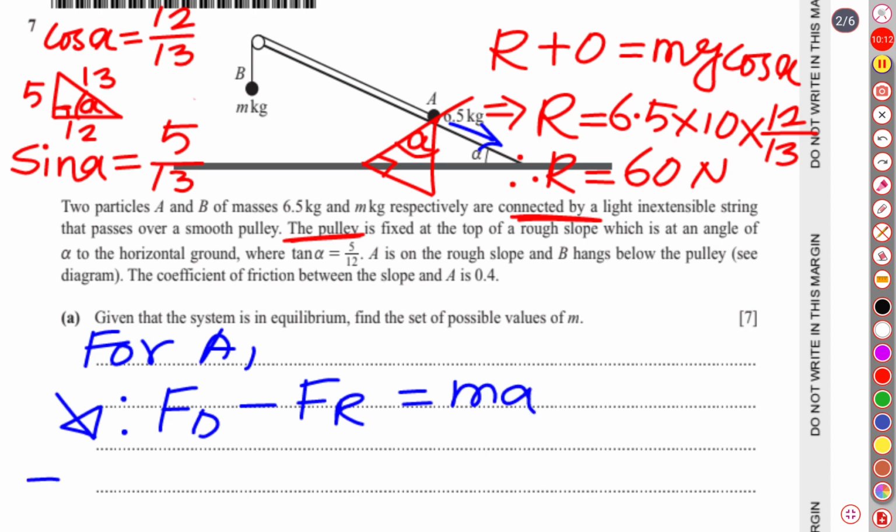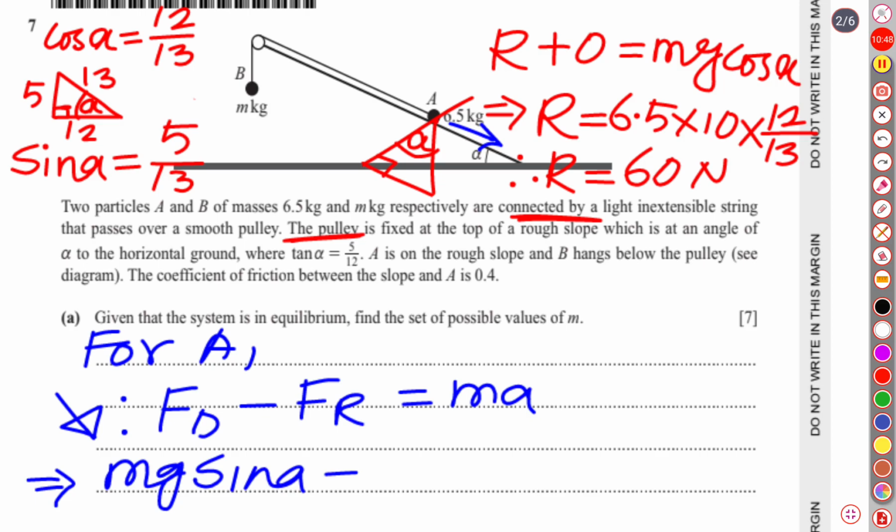Okay, so if it is supposed to slide down, what is the driving force? Actually, there is nothing which is causing it to move downward except weight. So weight is mg sine alpha. And what is the resistance to motion? Number one resistance to motion is tension, because there is another particle which has been held tight with an inextensible string.